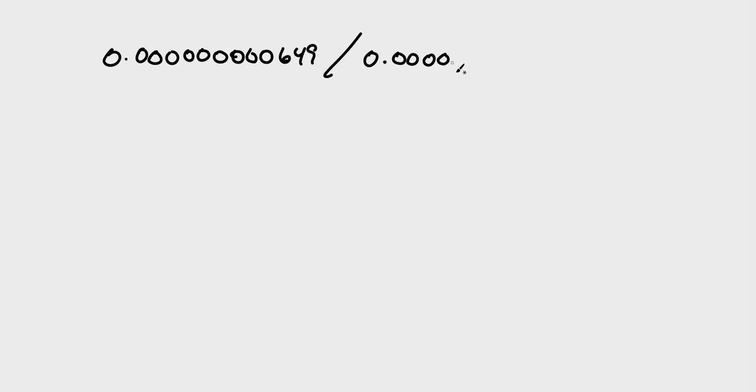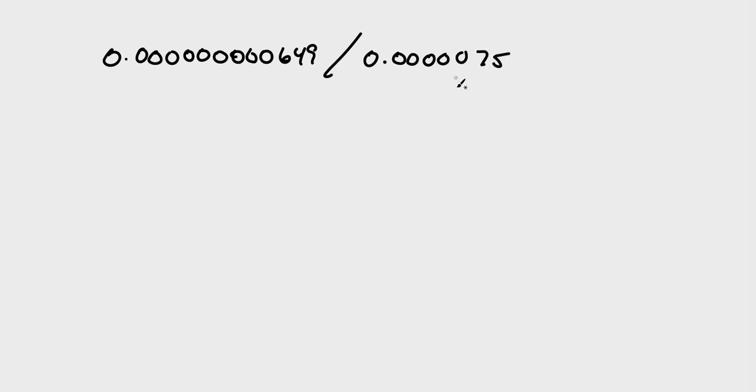Okay, let's take some very small numbers. I'm just going to make some stuff up, so we'll see if we get something interesting. 649 divided by 0.00000. I'm going to do this a little bit differently. 75.